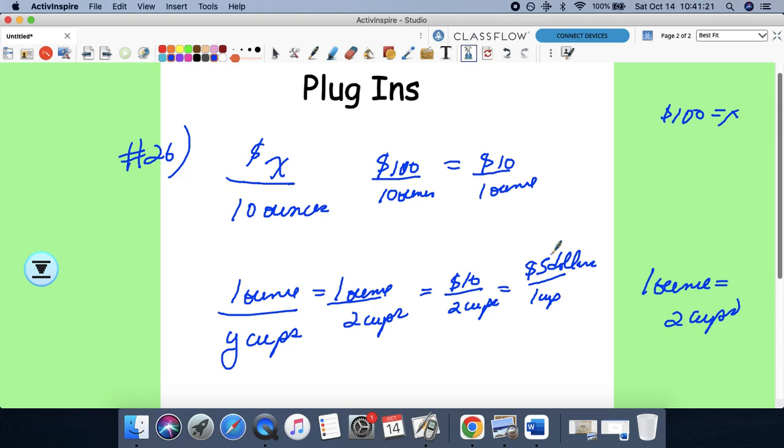So let's see if I can use that information. What is the cost of the tea leaves required to make 1 cup of tea? So 1 cup of tea is $5, which is half an ounce. And how would I get that? So 1 cup of tea would be X. If you substitute here, let's substitute the first one.